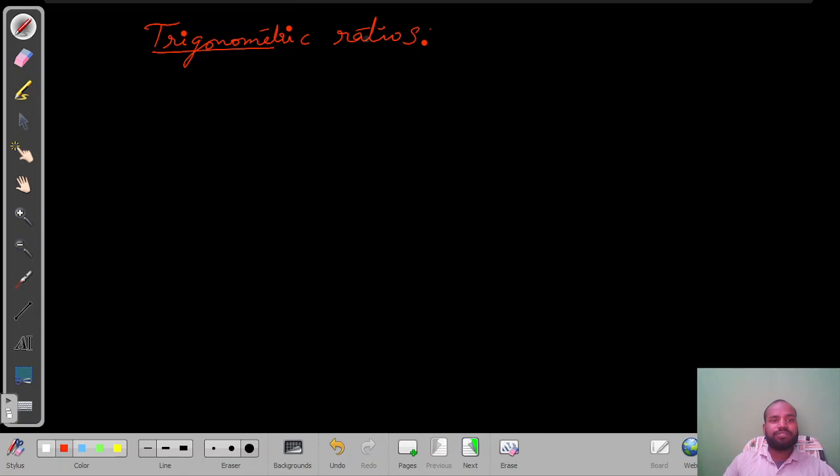So see here, first I am going to take a right angle triangle. Yeah, it's my right angle triangle. So I am naming the sides. This as A, this as B, this as C. Am I clear? Right. Now A, B, C sides are given. Now what should I do?